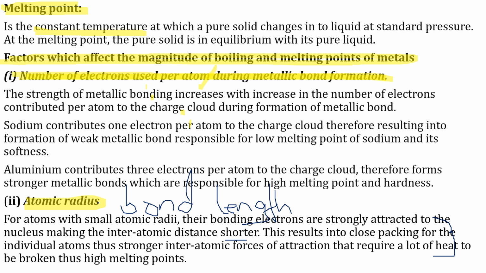Thus, for shorter bonds, there will be a higher melting or boiling point. And then, if the atomic radius is larger, we expect the bond length to be larger too. So the longer the bond, the weaker it becomes. That means the melting or boiling points will be lower.